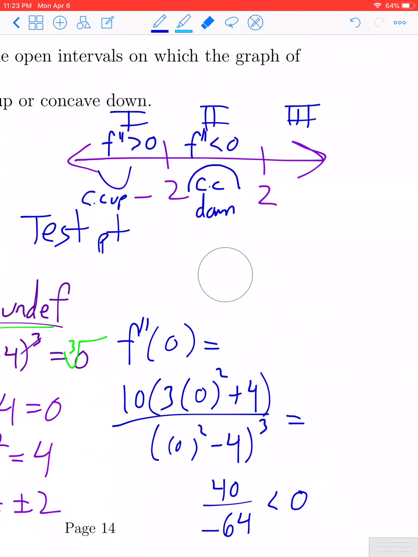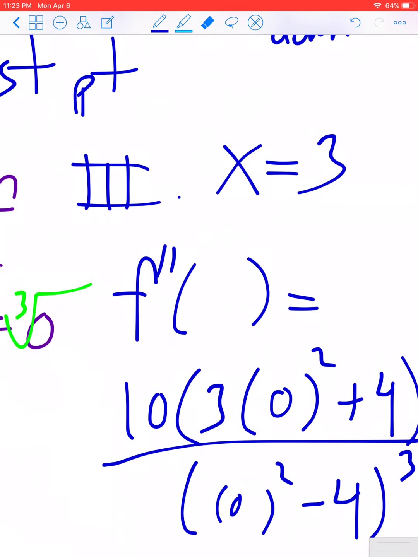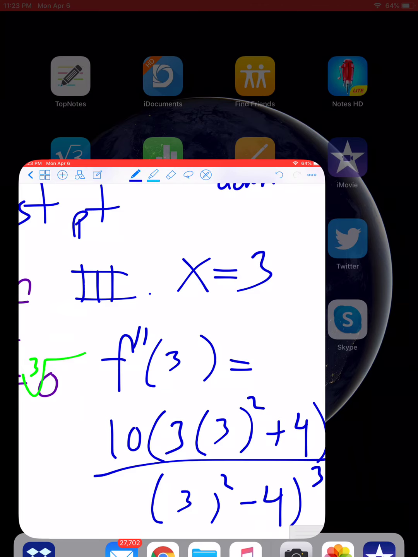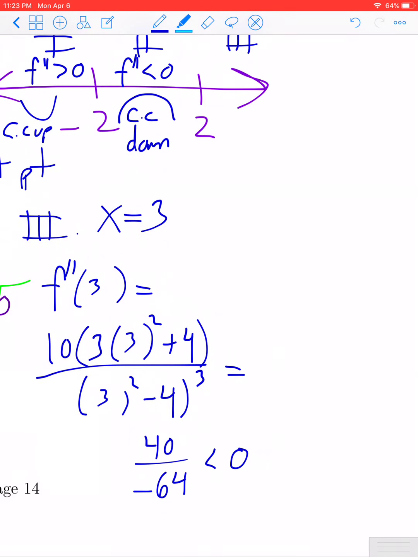Let's take a look at region 3. A good test point here might be to use x equals 3. Let's plug 3 into the second derivative. F double prime of 3 is going to give us, let's see, 3 squared up top, that's 9, 27 plus 4 is 31.